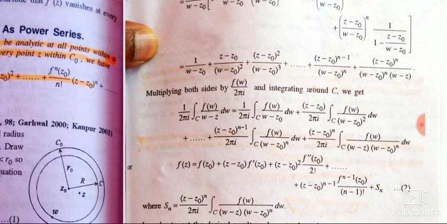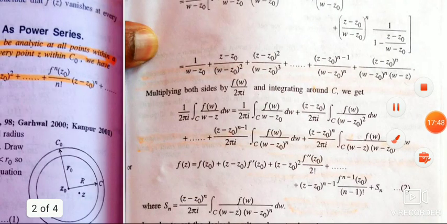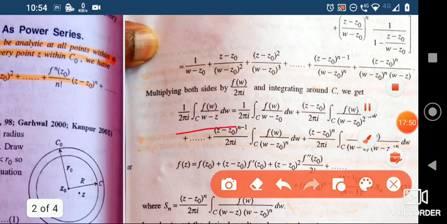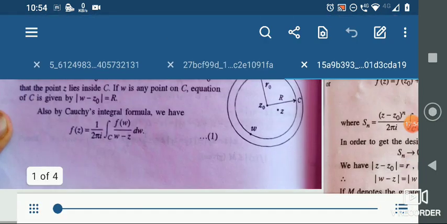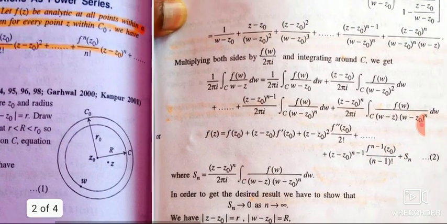So we get, it is multiplied to each term, so we will get 1 by 2 pi i integration along curve C, f of w by w minus z dw, and you can just see what the multiplied ones are. Now just compare with that. What is this? This is nothing but what we had here. So I can replace this by f of z, right?